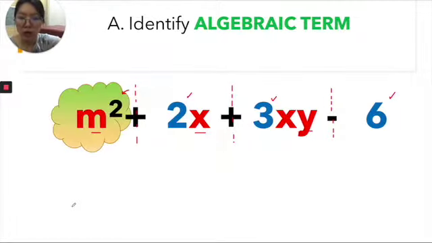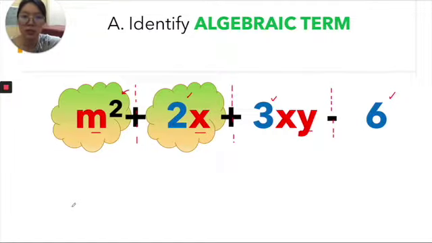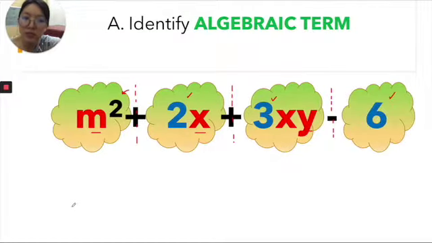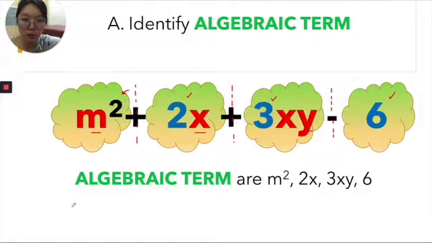So m squared is an algebraic term. 2x is also an algebraic term. 3xy is one algebraic term, and 6 is also an algebraic term. So I can write my algebraic terms are m squared, comma, 2x, comma, 3xy, comma, 6.